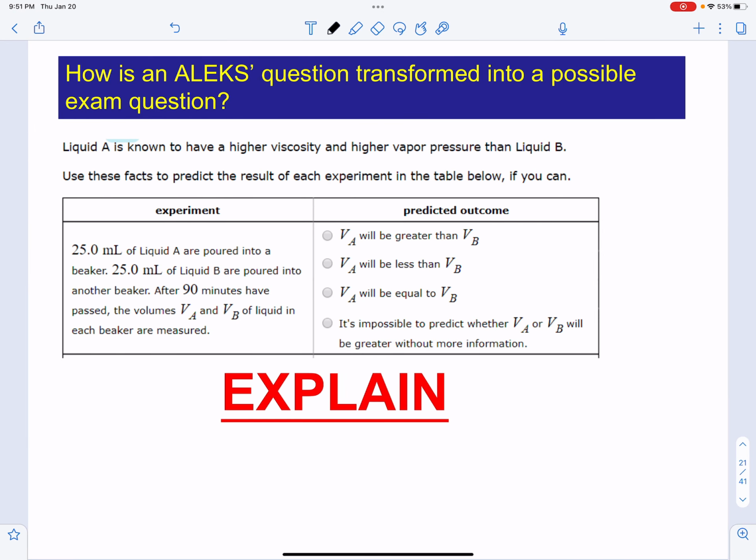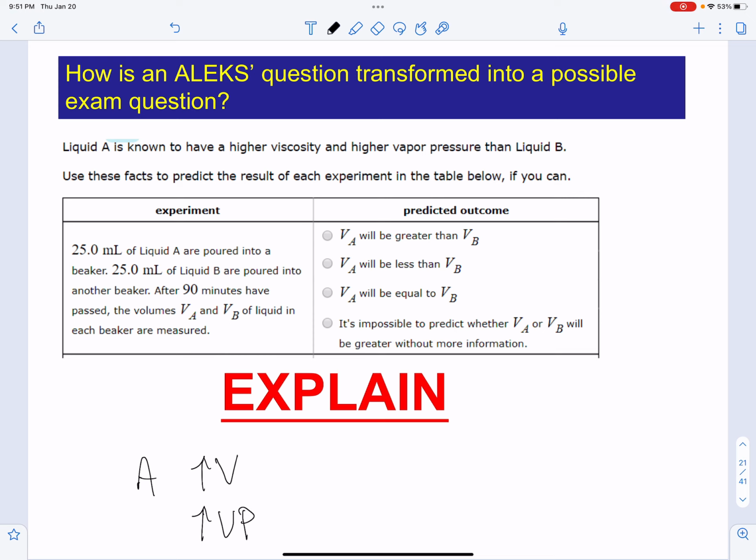So let's look at an example problem to see how this will be presented on a test, for example. So liquid A is known to have a higher viscosity and a higher vapor pressure.